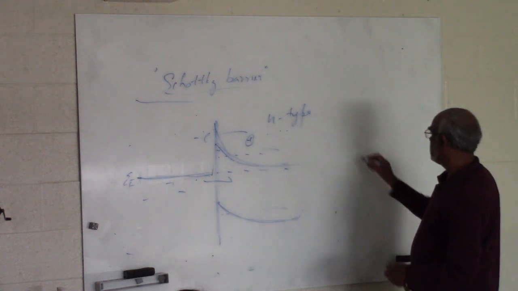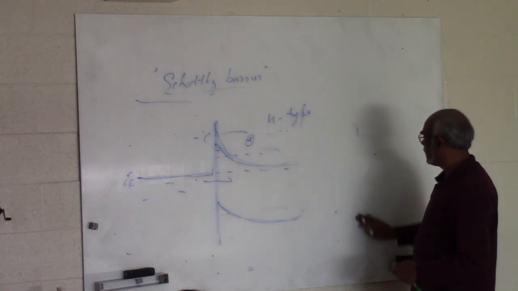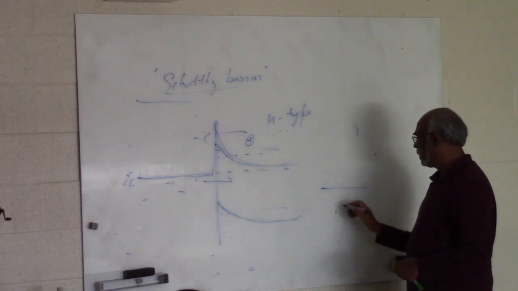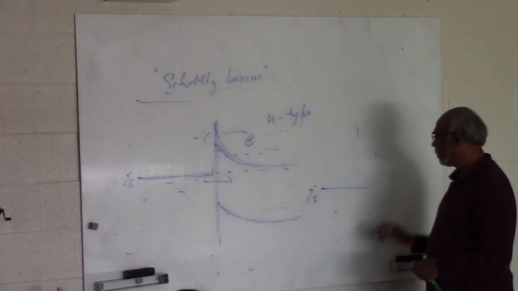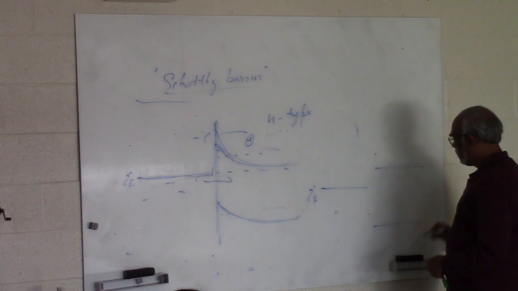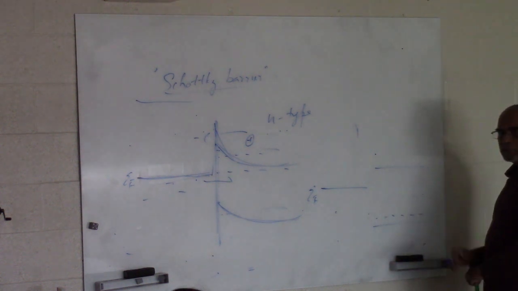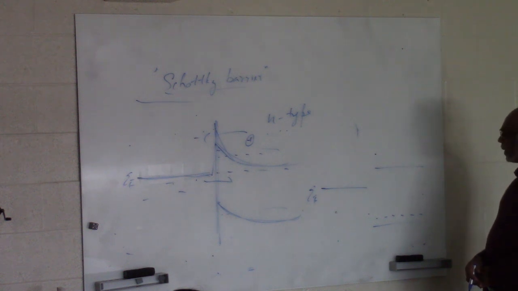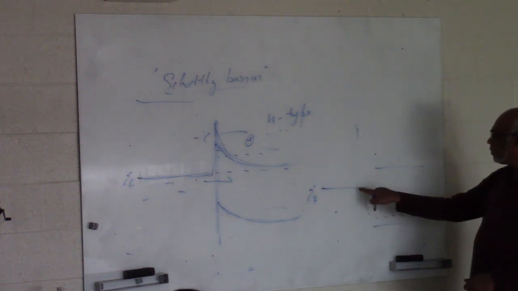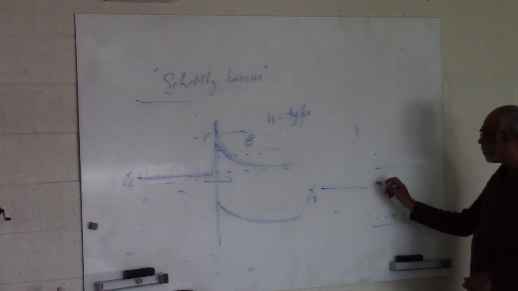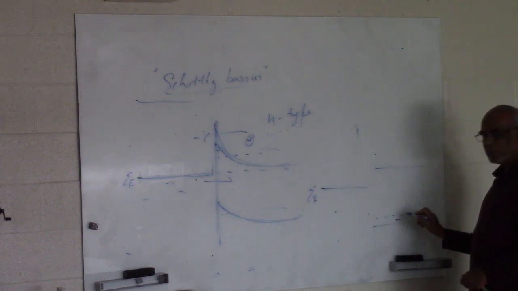Okay, can you tell me what happens if I have a p-type material with metal? This is your metal, this is your Fermi energy. Now I bring a p-type material, which means your Fermi energy is here. So now what happens? Electrons will go from here to here, so this becomes negatively charged.